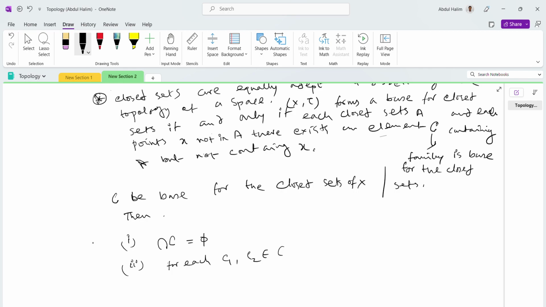Two conditions. One, the intersection of C is equal to phi.